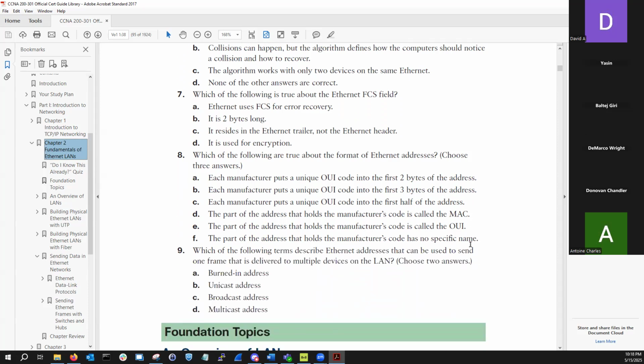Okay, question 8. Which of the following are true about the format of Ethernet addresses? Choose 3 answers. Mike Hevia. Okay, I'm reading the question.